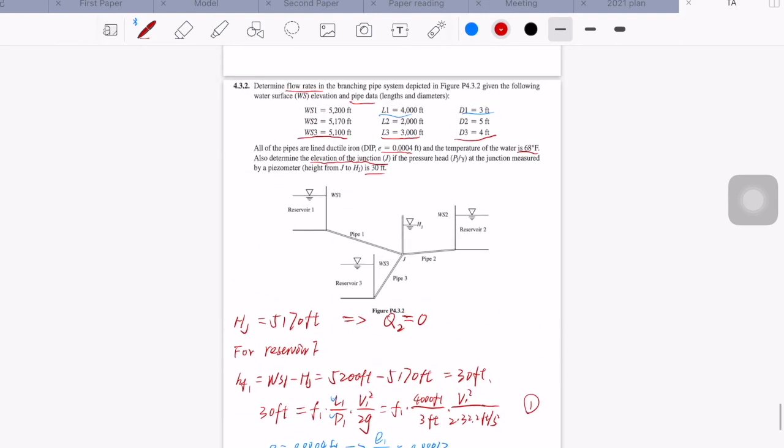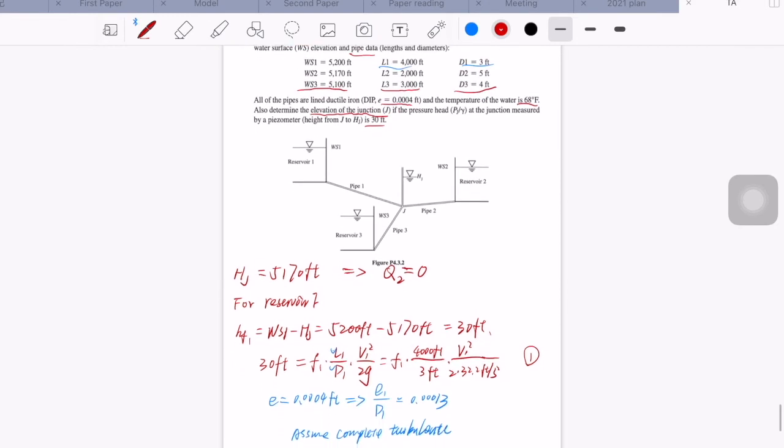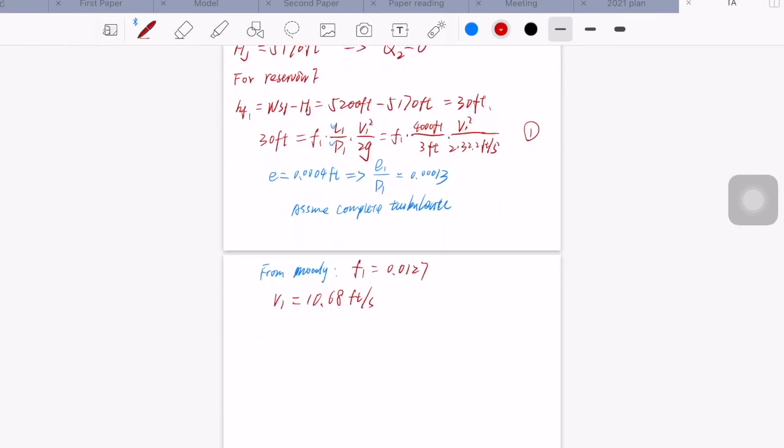And because the water temperature is 68 degrees Fahrenheit, we know the viscosity equals 0.000108 feet. So now we can calculate the Reynolds number, 2.97 times 10 to the power of 6. And then we can also find the new friction factor from the Moody diagram, or we can use the Swamee-Jain equation.